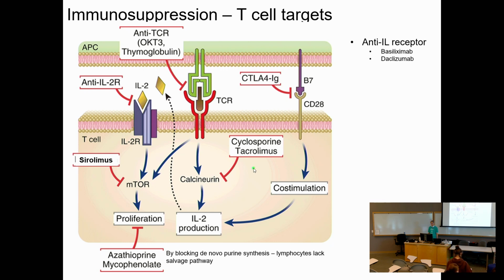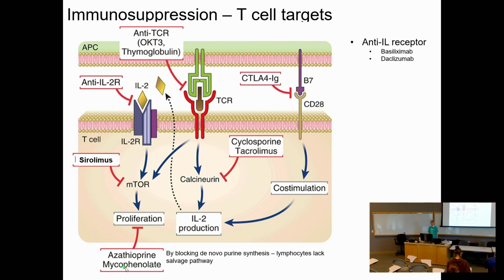Similarly, tacrolimus, which is the newer calcineurin inhibitor, works here. Once the T cell receptor is activated, it works through this pathway and has a transcription factor so that it's going to make IL-2. Tacrolimus interferes with this pathway, so you shut down IL-2 production to prevent proliferation and activation of the T cells.